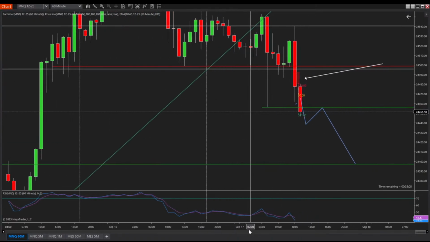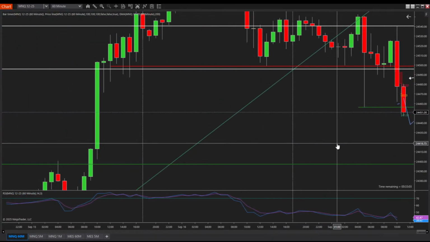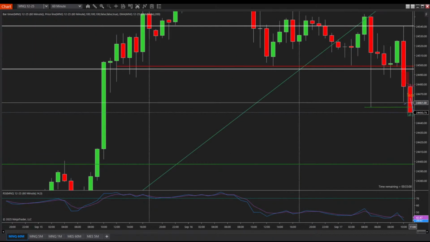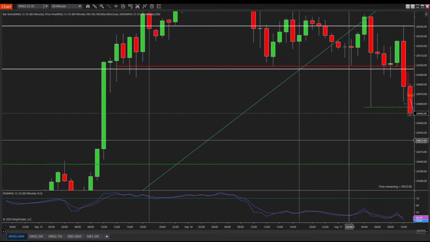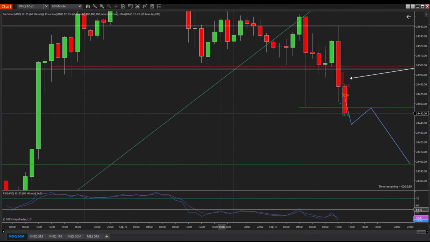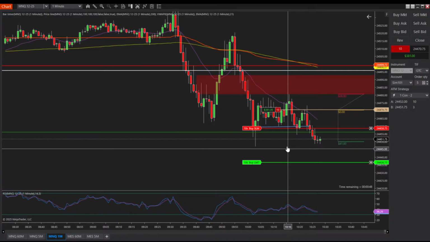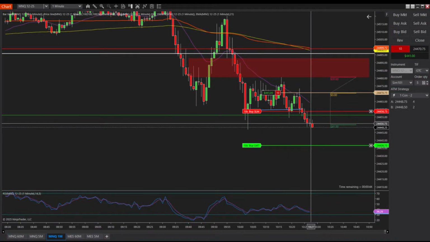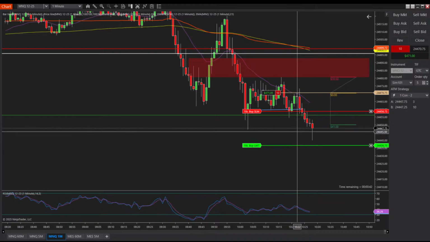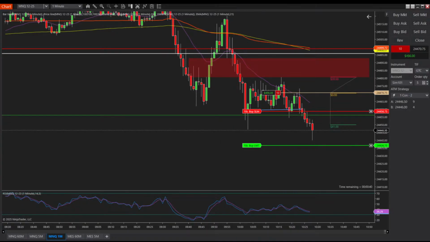Looking at the 60-minute, it's telling us very strong sellers here. This is likely to continue going down. We got a doji candle here. Doesn't mean a possible reversal. It's not reversing. It's going down. Perfect. Beautiful.